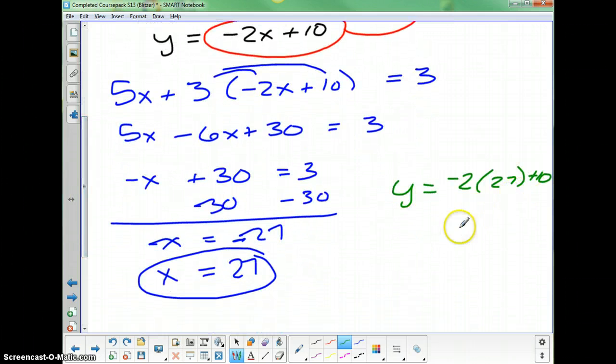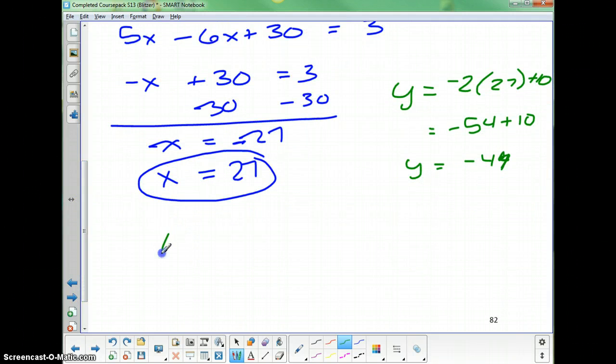Negative 2 times 27 is negative 54, plus 10. So my y value is negative 44. So the solution is the ordered pair 27 comma negative 44.